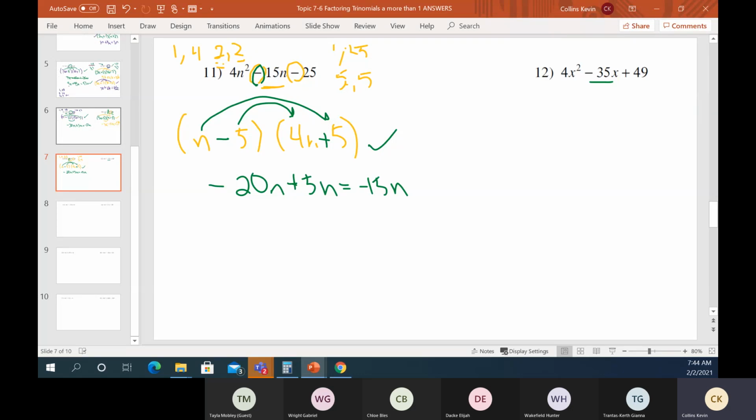Yep, 1 and the 4, because that will give us an odd number. So one of these guys is going to be x. And then one of these guys is going to be 4x, right?